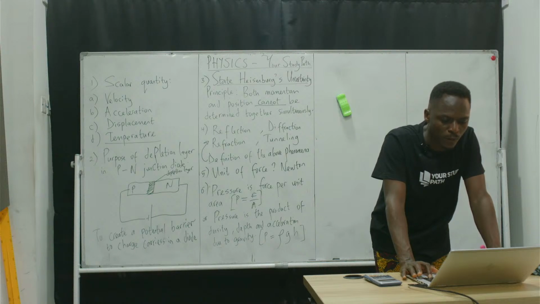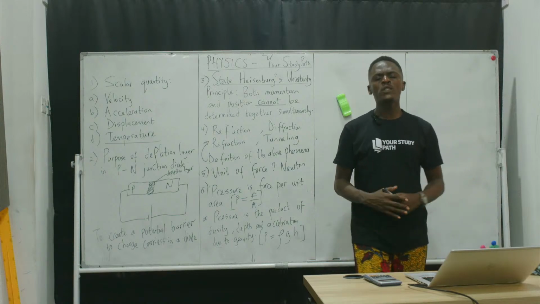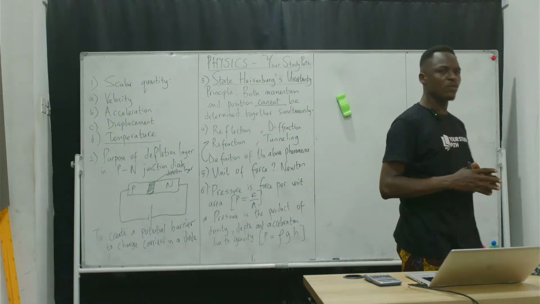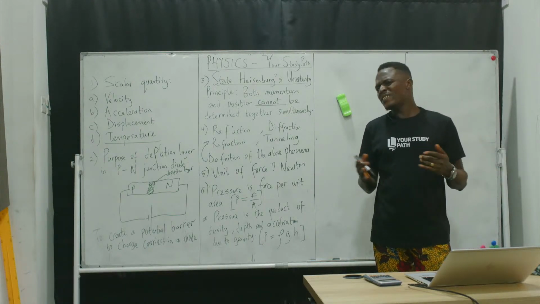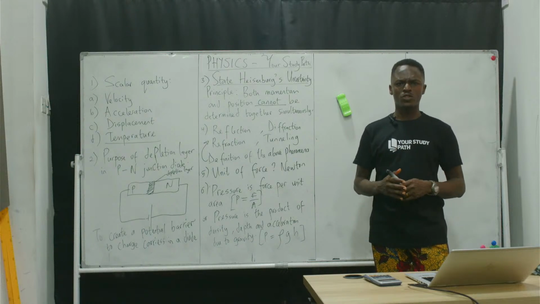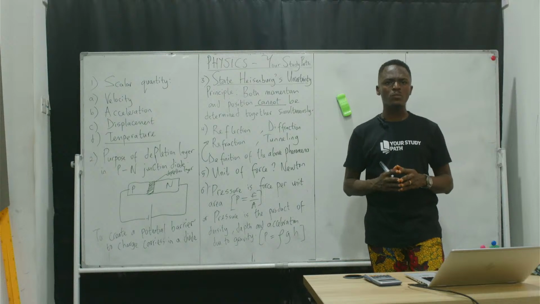The next question now. Under motion, let's look at a question under motion. If you're asked a question as direct as, when is a body said to be in motion? When do you say a body is in motion? At which instance is a body in motion?